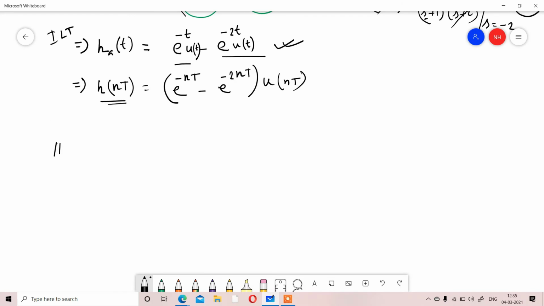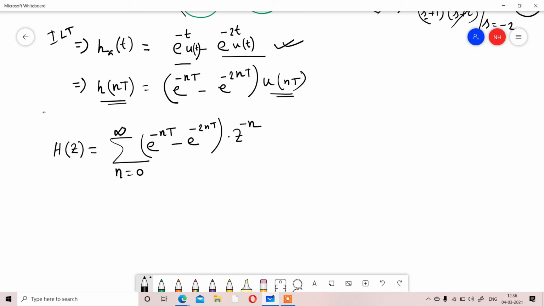So obviously H(z), you will get the summation, I am writing directly, as u(nT) is there, so n equal to 0 to infinity, and h(nT), that is e to the power minus nT minus e to the power minus 2nT, multiplied by z to the power minus n, and u(nT) will be 1 for this range.